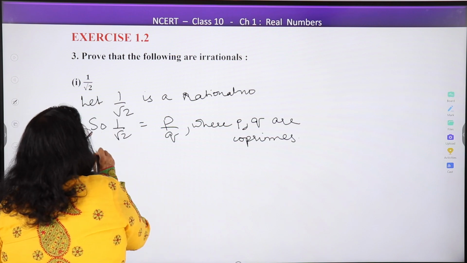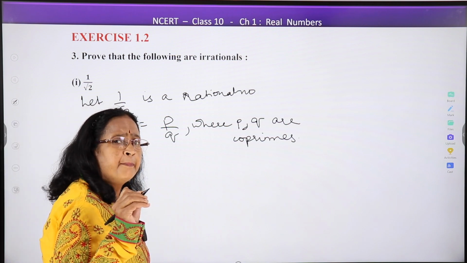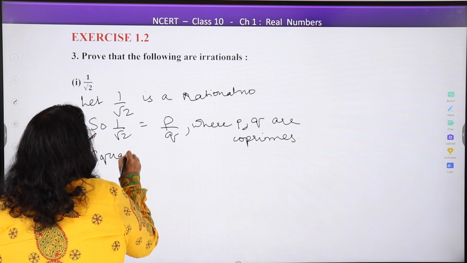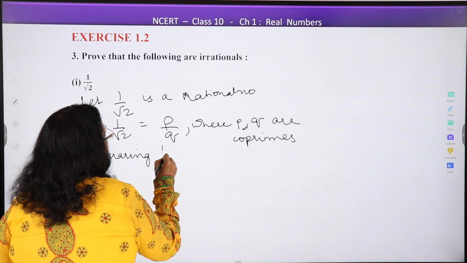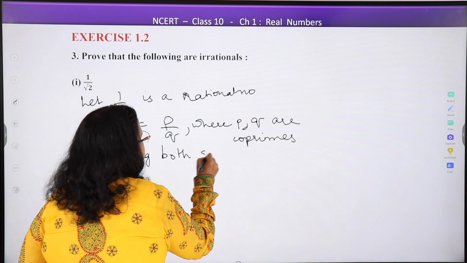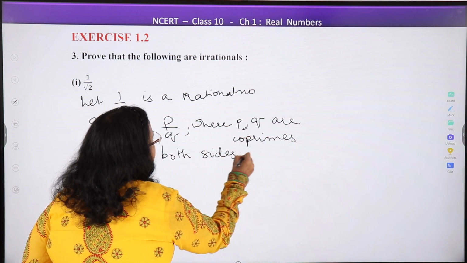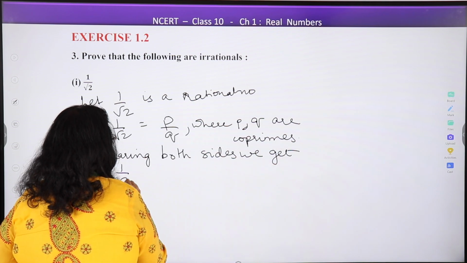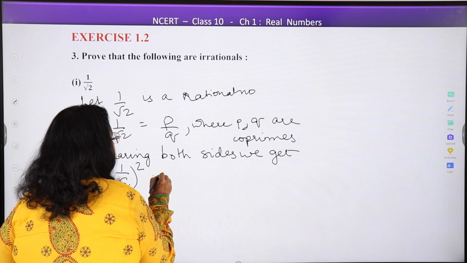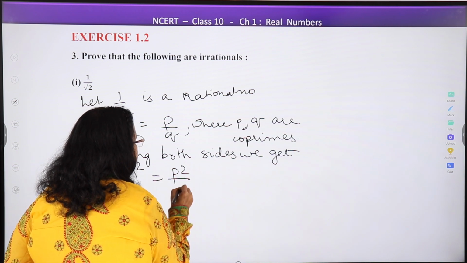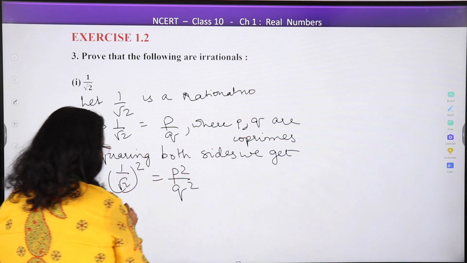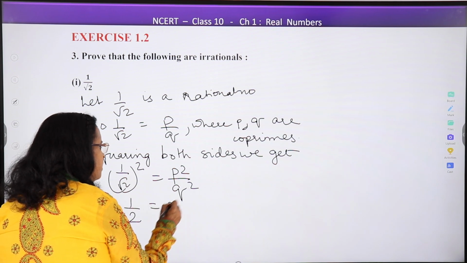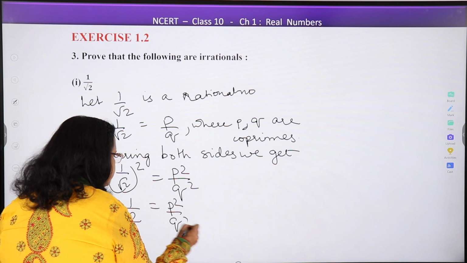Alright. Next step. Very good. Squaring both sides, we get 1 by root 2 whole square is equal to P square by Q square. That implies 1 by 2 is equal to P square by Q square.